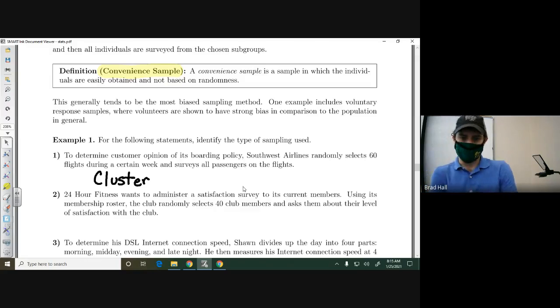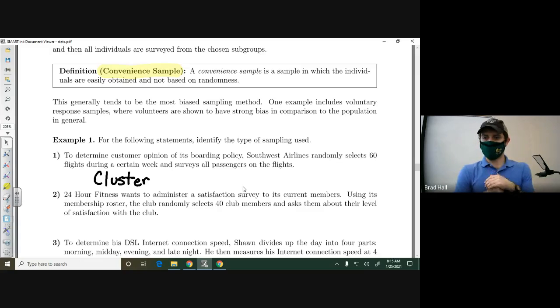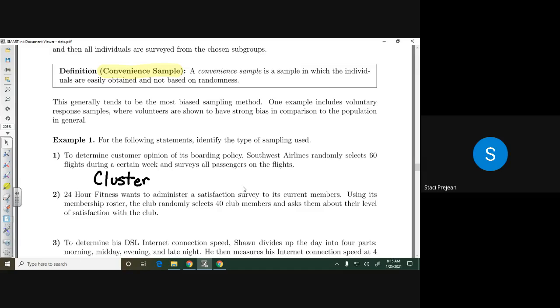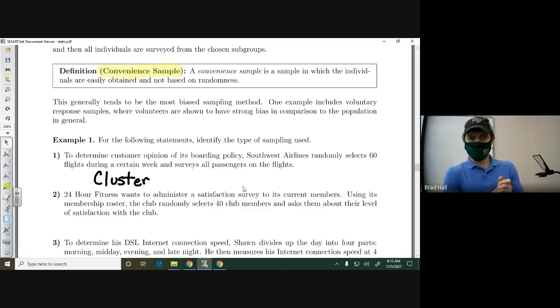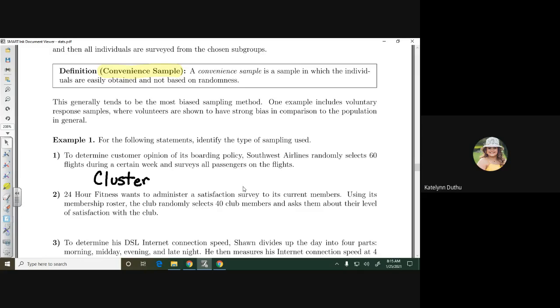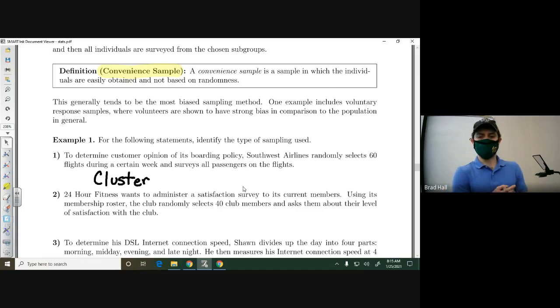All right, let's move on to the second one. 24 Hour Fitness. They do a satisfaction survey. They randomly select 40 club members and ask them about their level of satisfaction. So I guess same question. Which one does this look like? Stratified? This wouldn't be stratified. Simple. This would be simple.